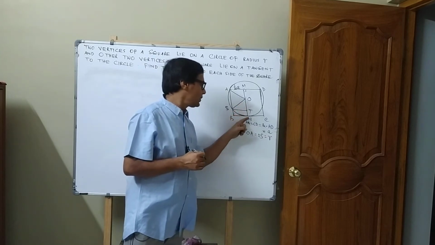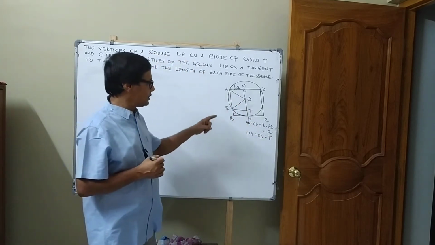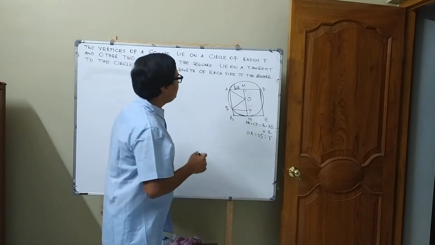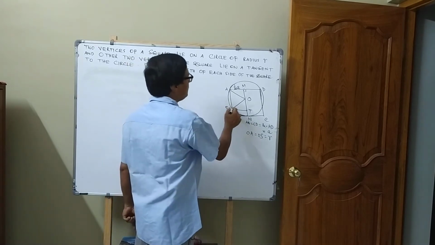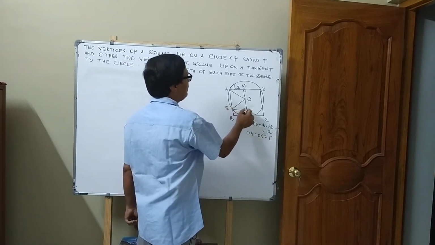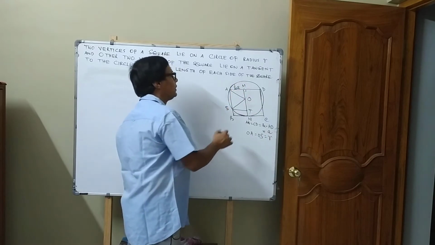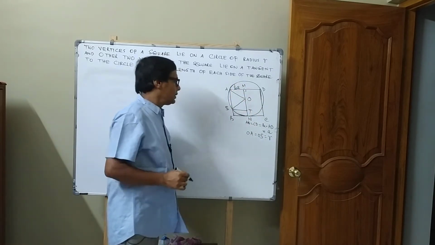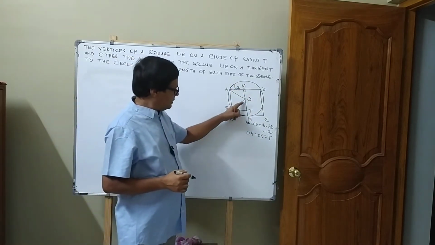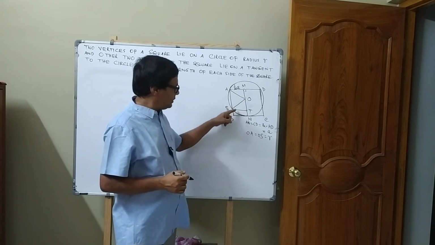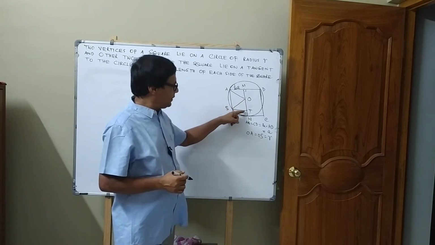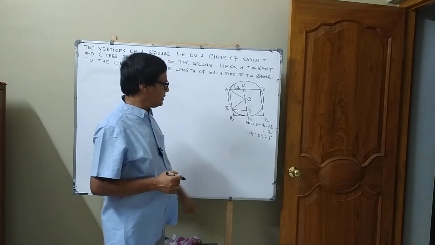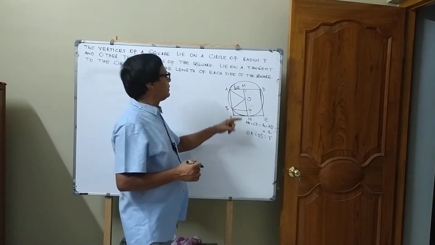So ON is perpendicular to the tangent BC. We have also drawn a perpendicular ST on the radius passing through the point of contact. ST is perpendicular to ON.